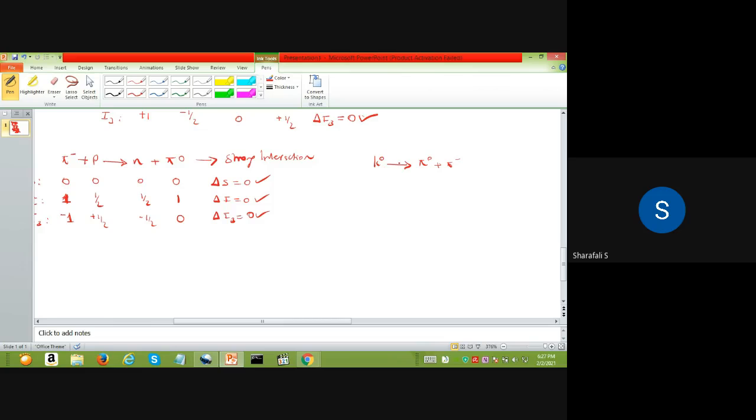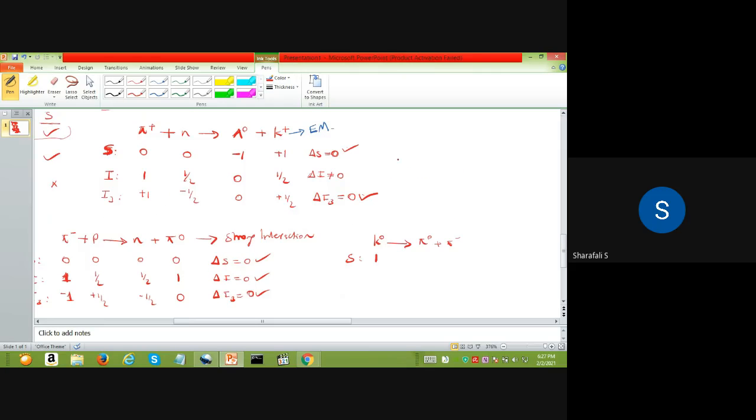So check the strangeness S. Kaons are strange particles, right? So this is one. You can calculate that strangeness value. You check whether it is 1 or minus 1.